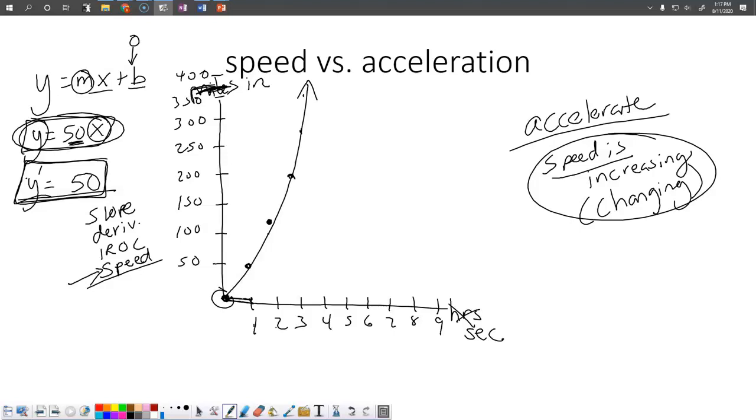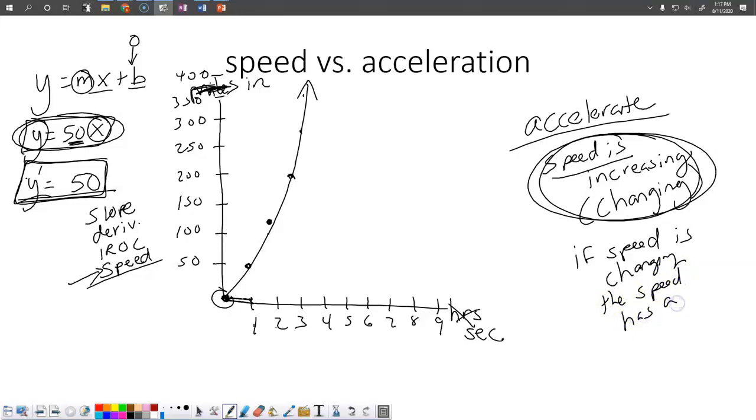But if your speed is changing, well, then that means that your speed has a slope too, right? Anytime something is changing, it has a rate of change. So if speed is changing, because it's accelerating, then speed has a rate of change, or a slope to it. Or you could say it has a derivative.